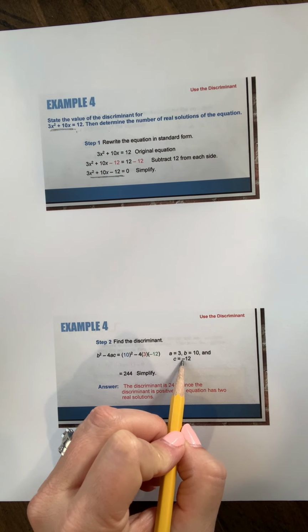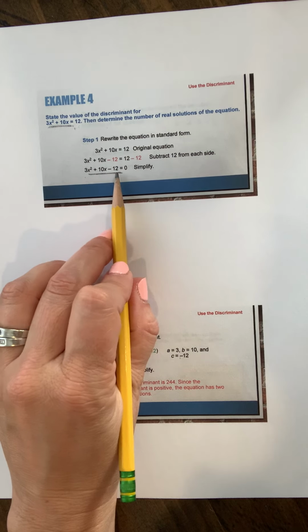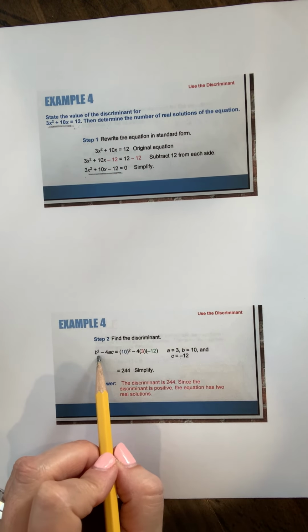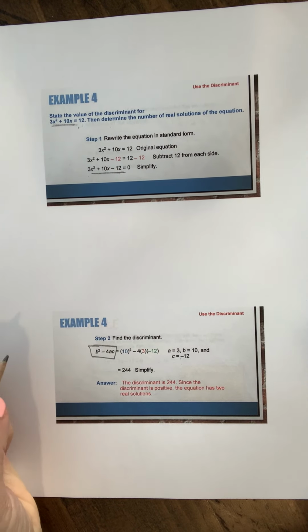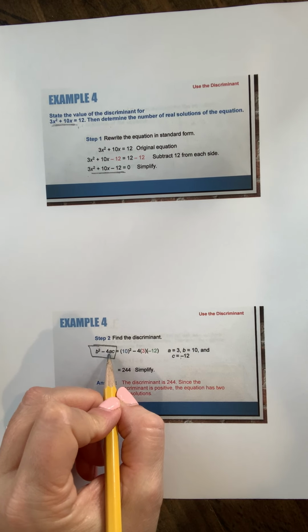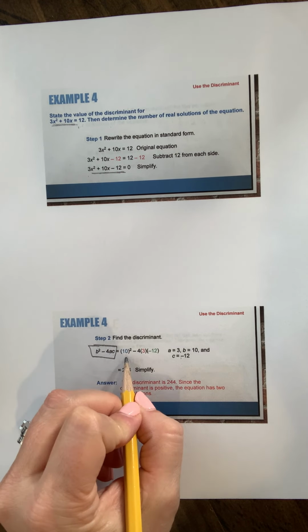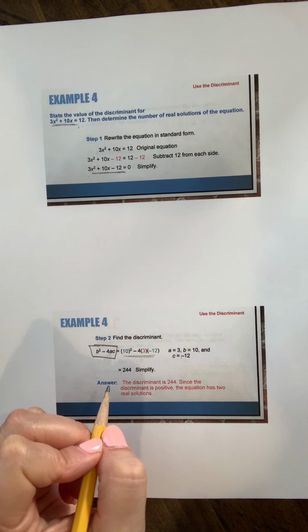I still identify A, B, and C. A is 3, B is 10, C is negative 12. So I'm going to plug it into the discriminant, which is right here in this box. I'm going to put 10 in for B, 3 in for A, and negative 12 in for C. Then I'm just going to work it.